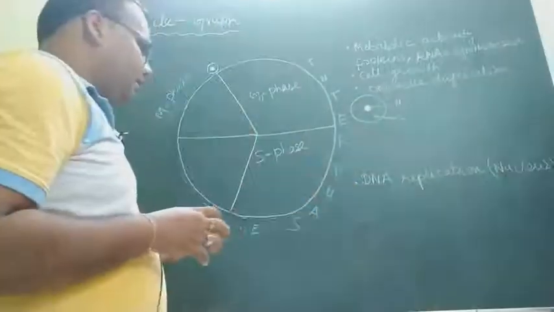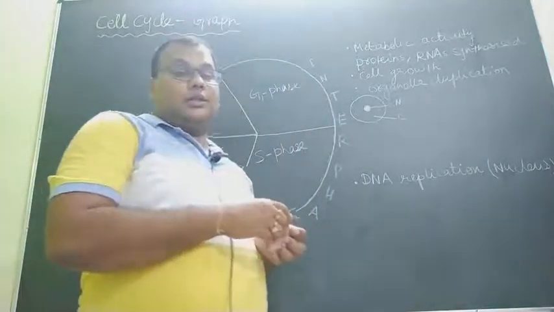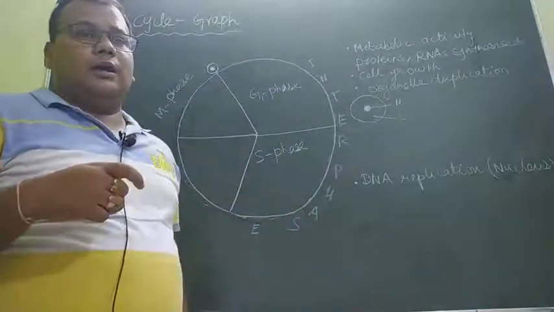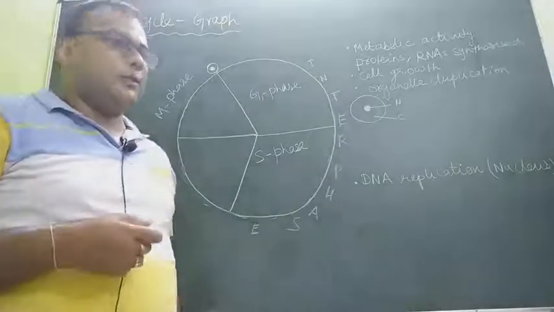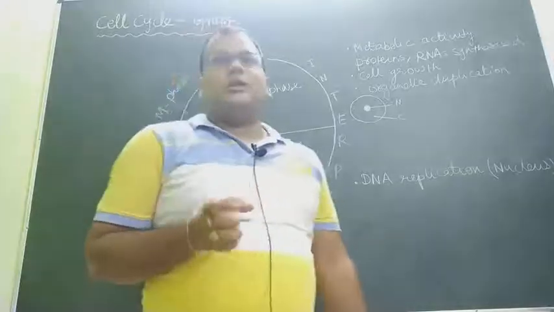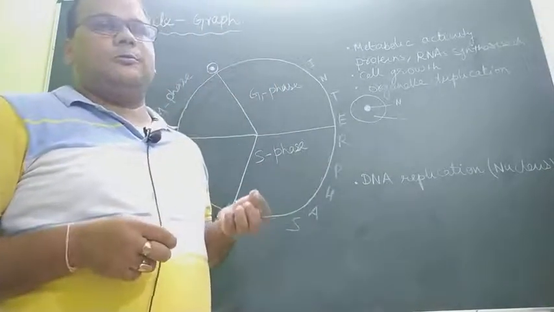In S phase, in addition to DNA replication, the cell also shows a very important event which occurs in its cytoplasm. There is a cell organelle called the centriole. It starts to duplicate, meaning it also shows division.